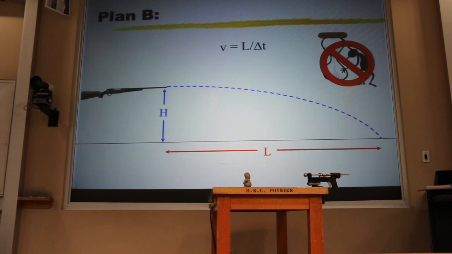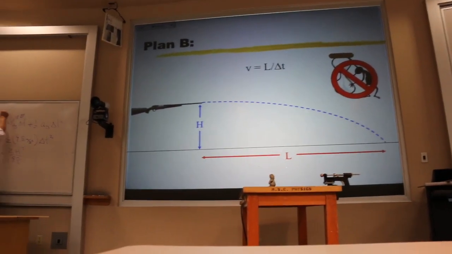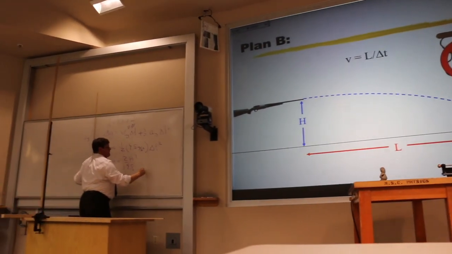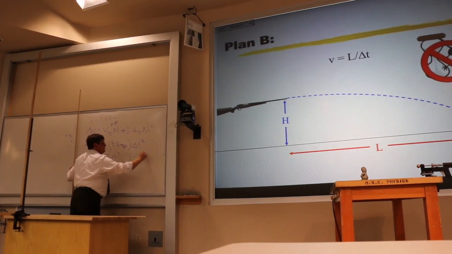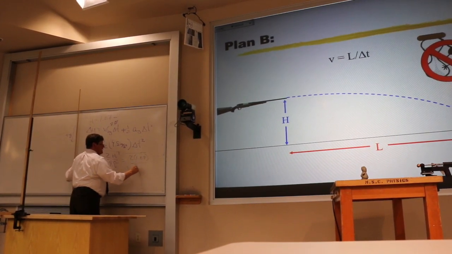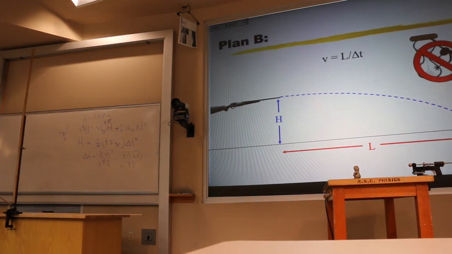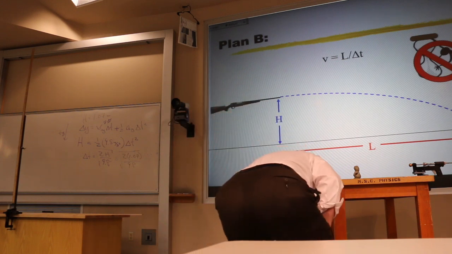So the h is 1.07 meters. So I come over here and I take 2 times 1.07 divided by 9.8 and then square root. Someone with a calculator, be calculating that while I find the range.